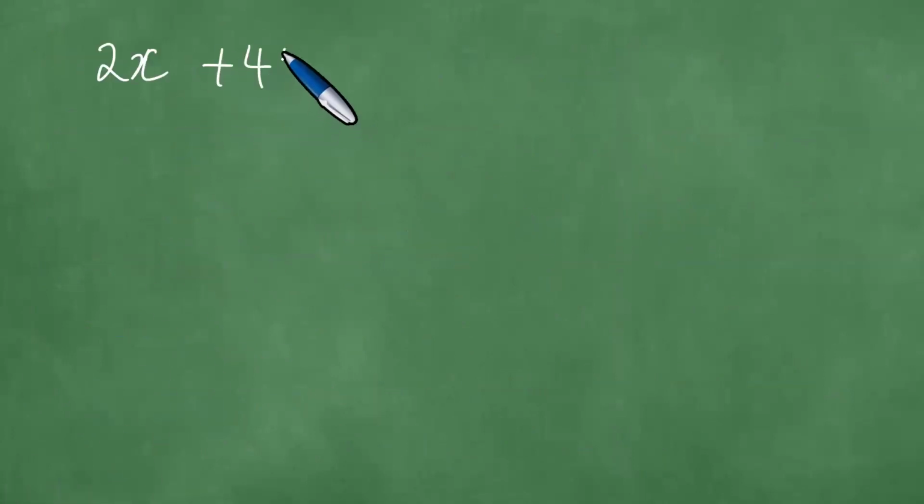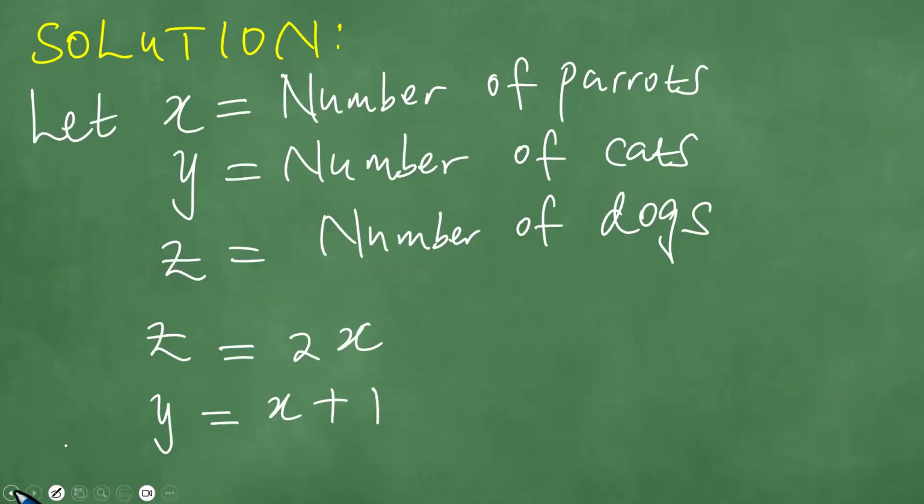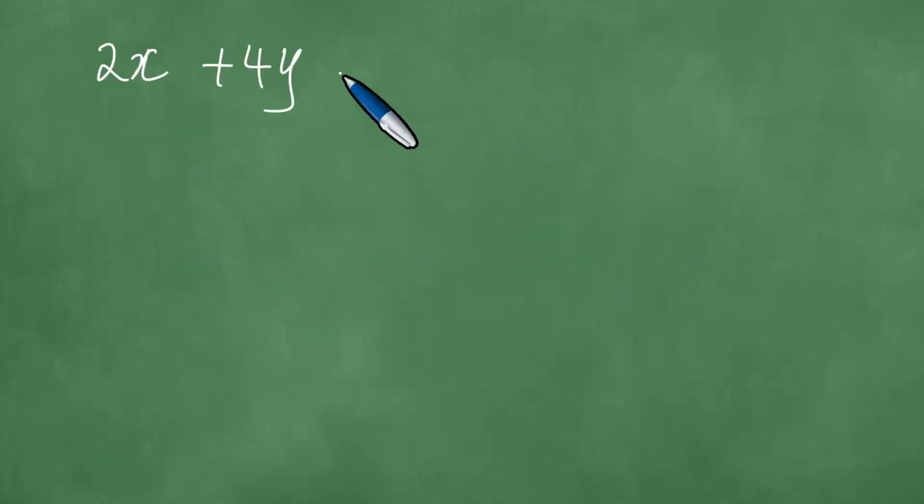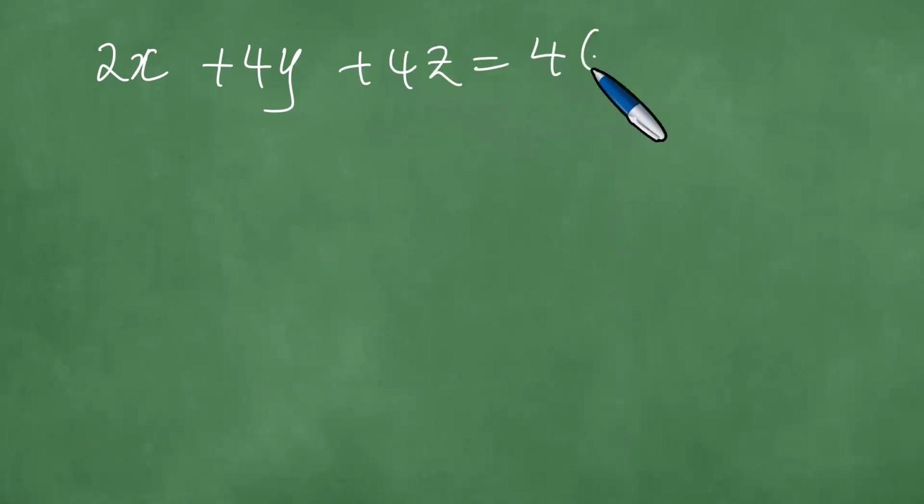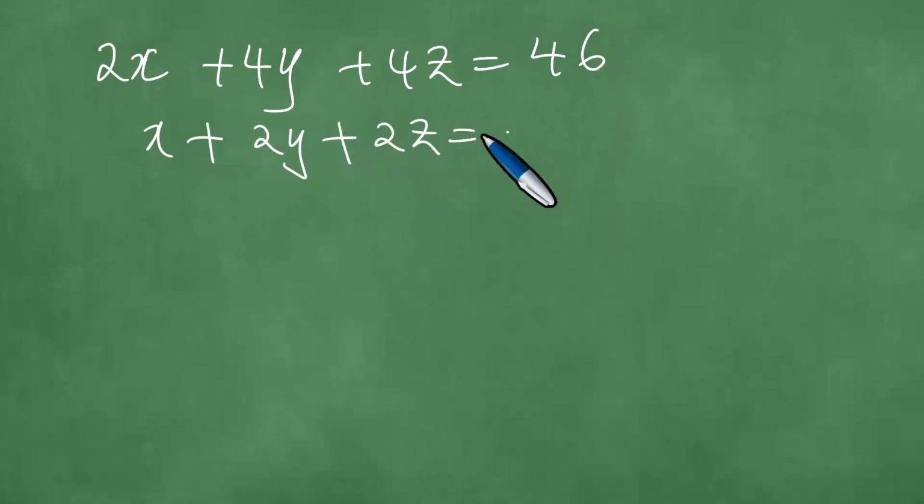Cats, which are y, have 4 legs each. Dogs have also 4 legs each, and therefore you have 4z. And this is 46, which means, therefore, you have x plus twice y plus twice z equals 23. And this is one equation that we have here.